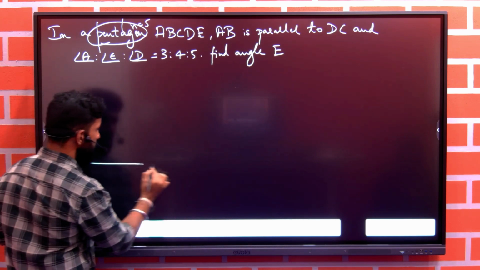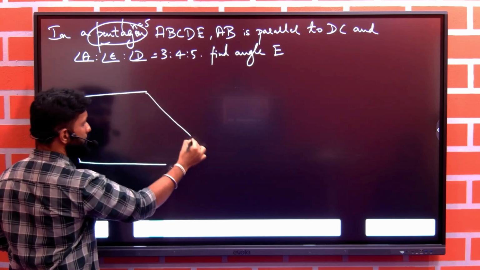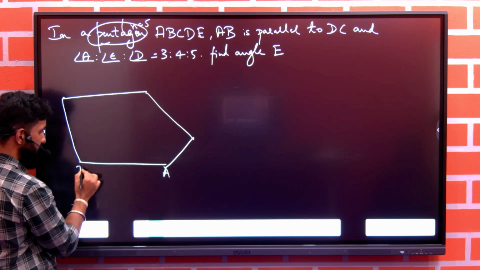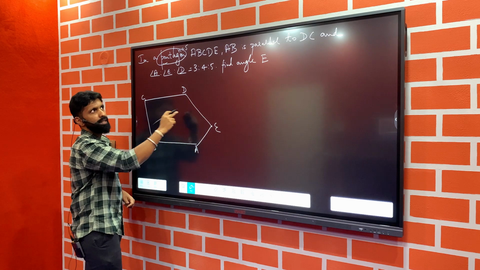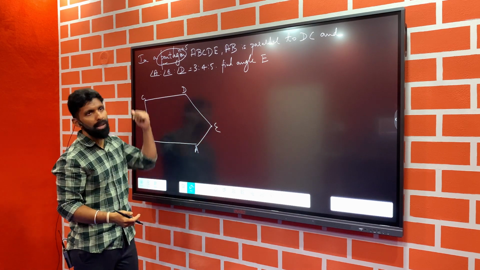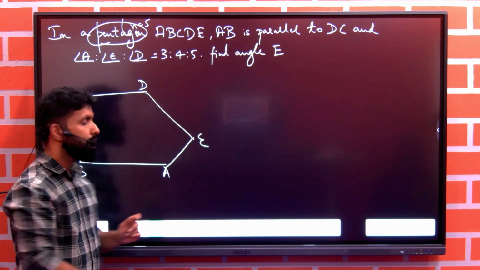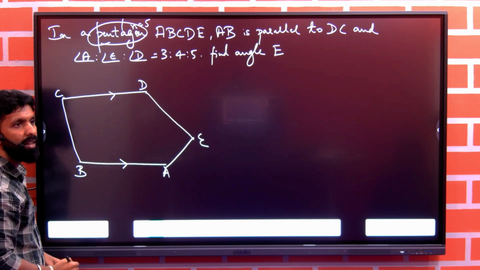I should just make sure that AB, C, D, E is a 5-sided closed figure. It's not a regular pentagon, so the length of the sides can be whatever it is. It should just make sure that AB and DC are parallel to each other.